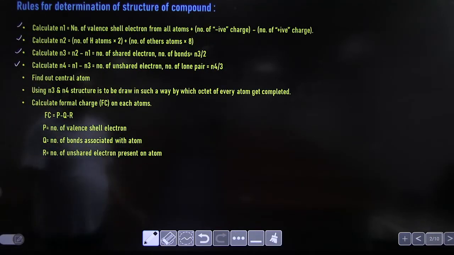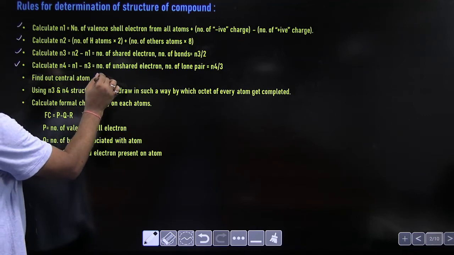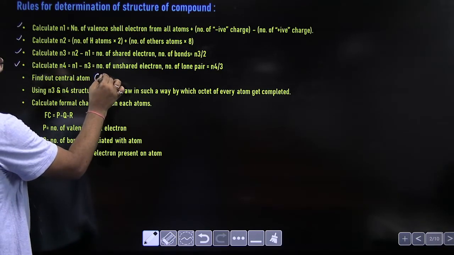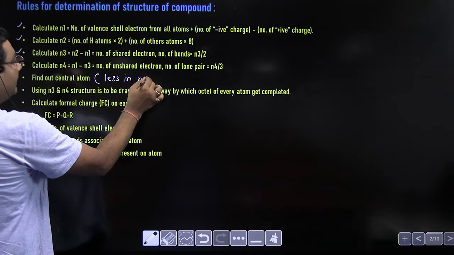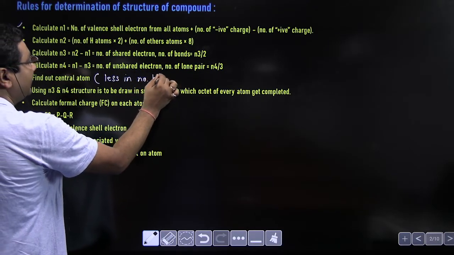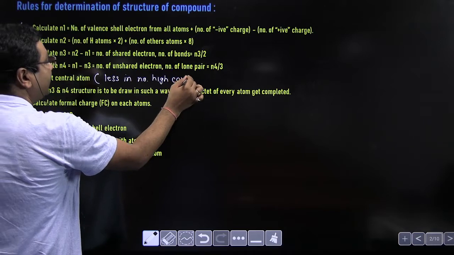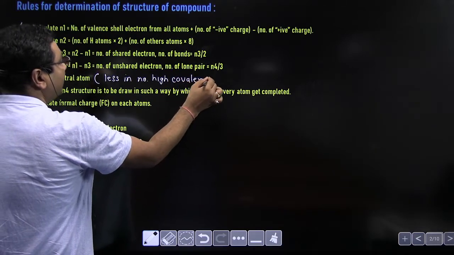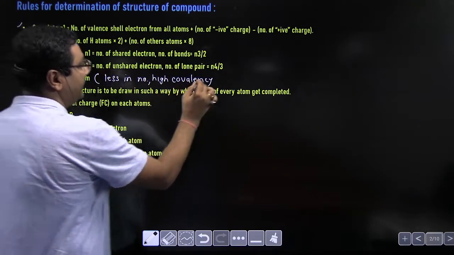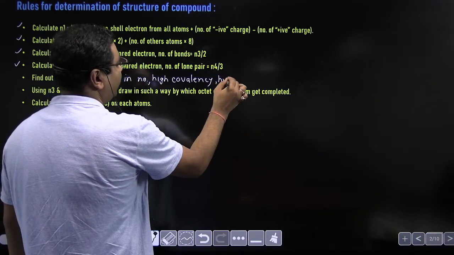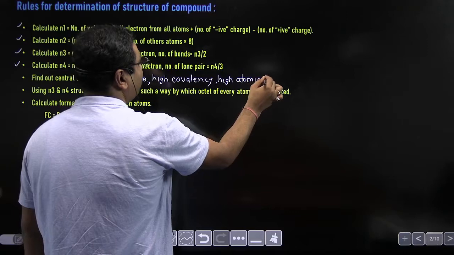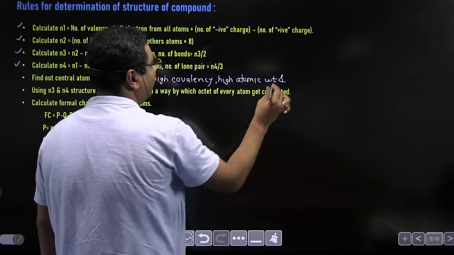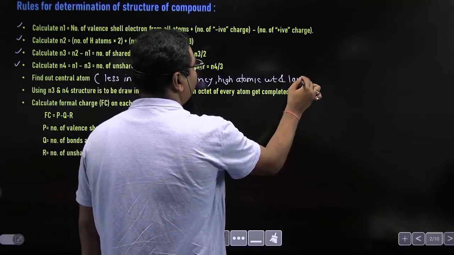Find out the central atom. The central atom is that atom which is less in number, has high covalency, high atomic weight, and lower electronegativity.